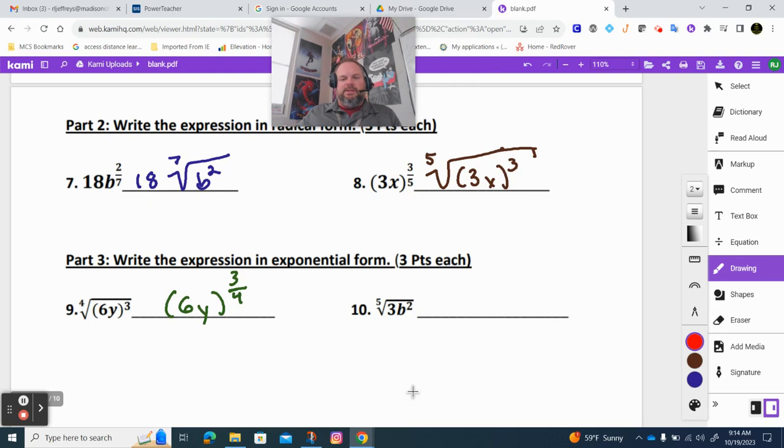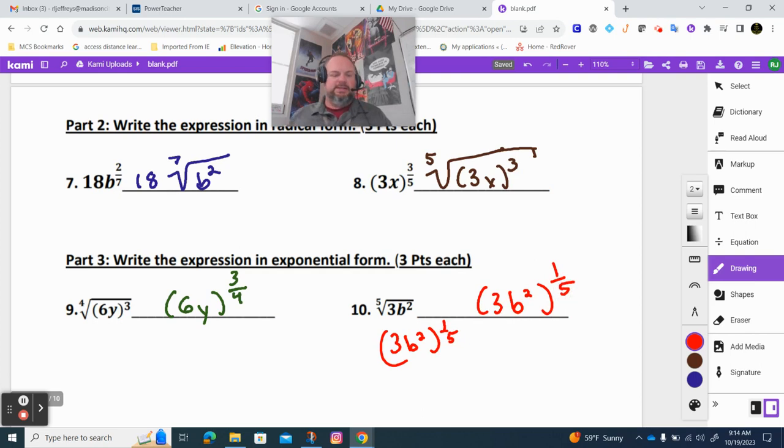Why did I write that one like that? Yeah, that's how we're going to have to write this one. I'll double check on the test to make sure they're written a little bit better than that.